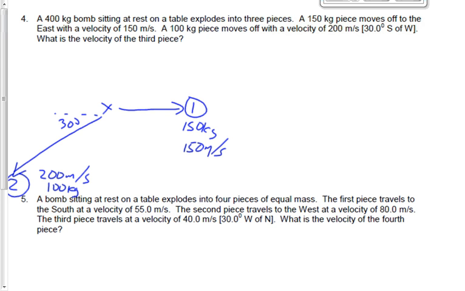Where's my third piece go? I know partially where it goes, for sure. But the other component of it, I don't actually know. Which one do we know for sure? John, you look like you're ready to raise your hand. Yes, we know that it's going to go north.